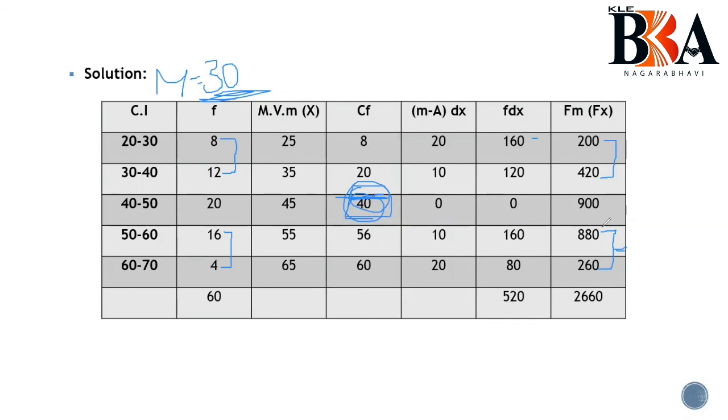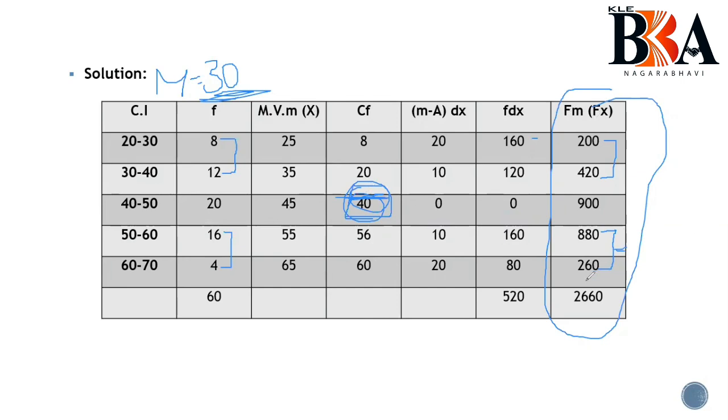Fine. For that, whichever is greater, the increase greater values, that will be the summation of fx1. So for that you have to look into the fx1 column. Fine. You will find out very easily.